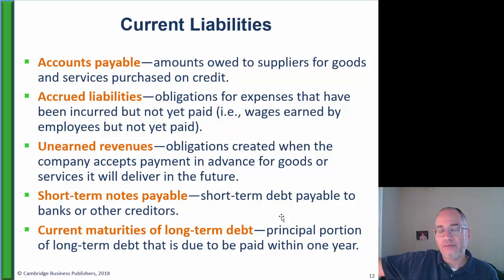That money that's owed to the suppliers is considered accounts payable. Accrued liabilities are expenses that you had but you haven't yet paid. For example, if employees have done work for you all month but you haven't yet paid for them, that would be an accrued liability because you've had the expense but you haven't yet paid for it.